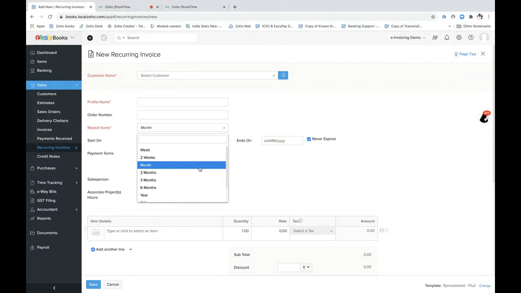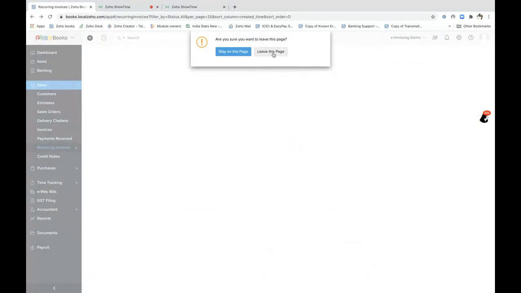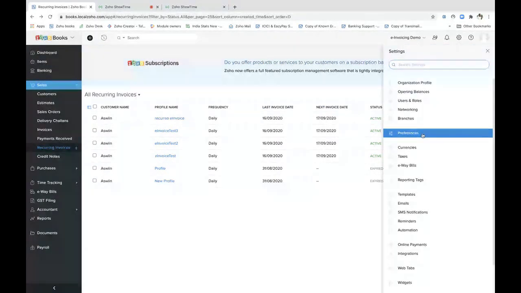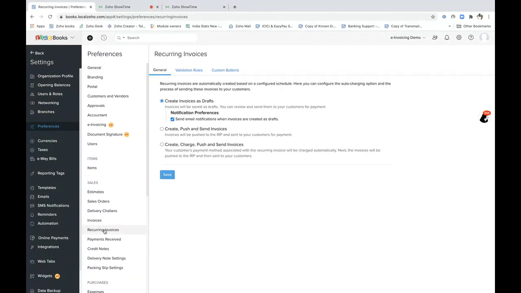You can either choose monthly or choose your custom dates as well. But for this, how is the preference handled? Like, is it going to be sent directly to the portal or to the customer, or what is the use case in this? Again, we will navigate to preferences and the recurring invoice preference.